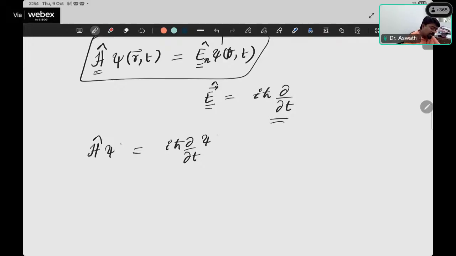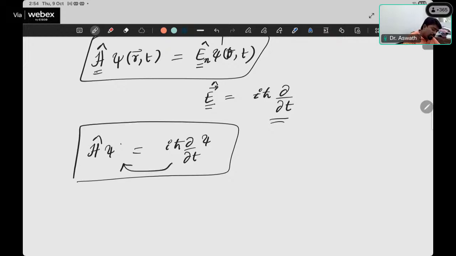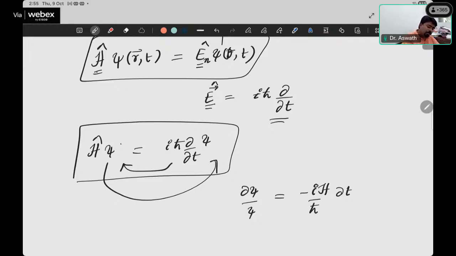I'll not specifically write psi of r or anything. Now this is a differential equation in time. You send the time to the left, psi to the right, and what you get is d psi by psi equals minus i by h-bar H dt.